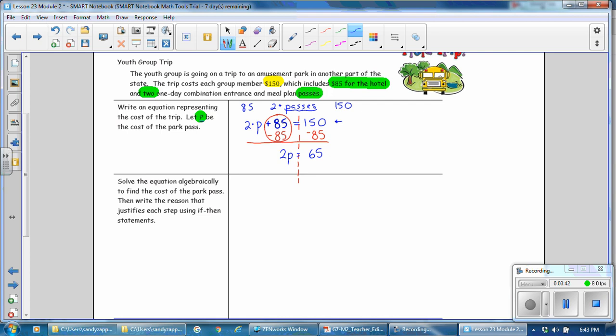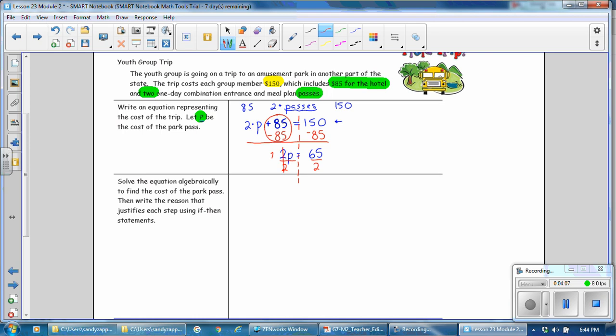So $65 is the cost of the 2 park passes, and we want to know how much 1 park pass costs. So we have to divide the 65 by 2. Here we're using the multiplicative inverse of 2, which is 1/2. You can think of this 2 ways: you can think of it as multiplying by half or dividing by 2. 2 divided by 2 is 1.